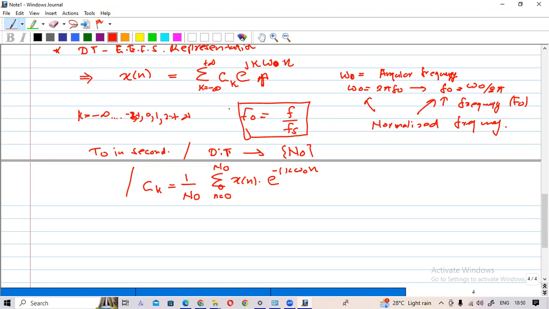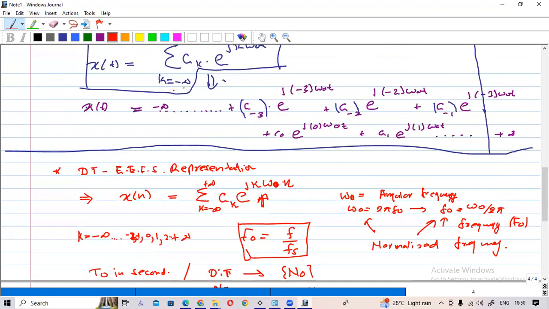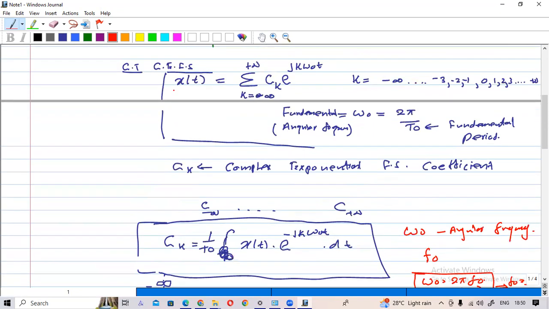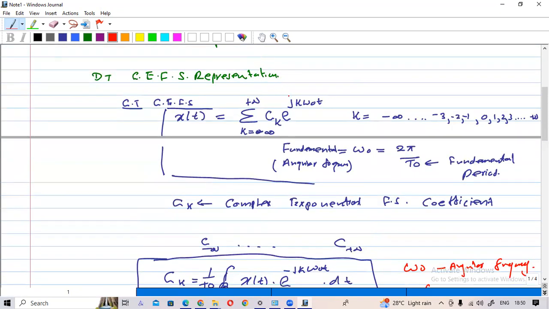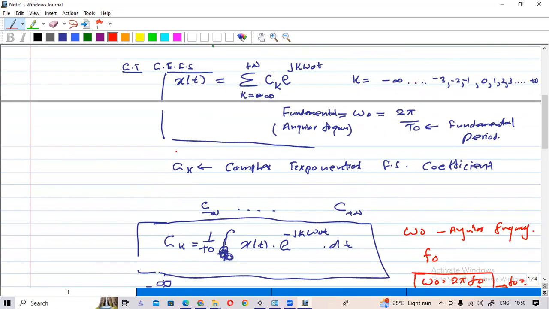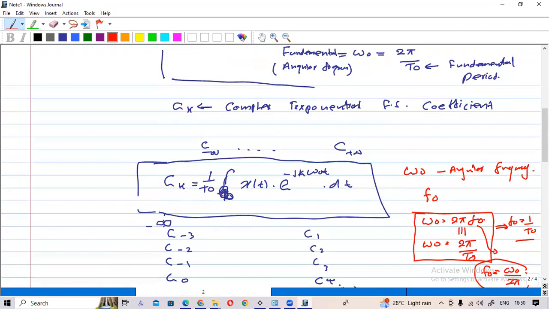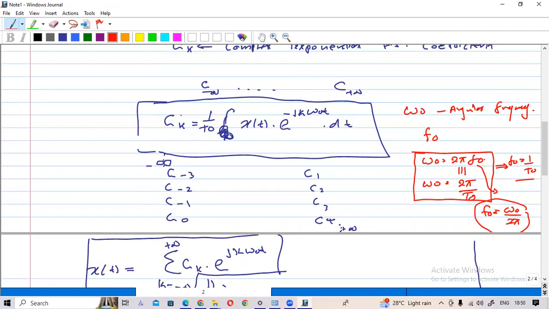So this is the complex exponential Fourier series representation that is identical to this one. Only difference is instead of this t, we put n for discrete time signal, and the second one is identical to this one.